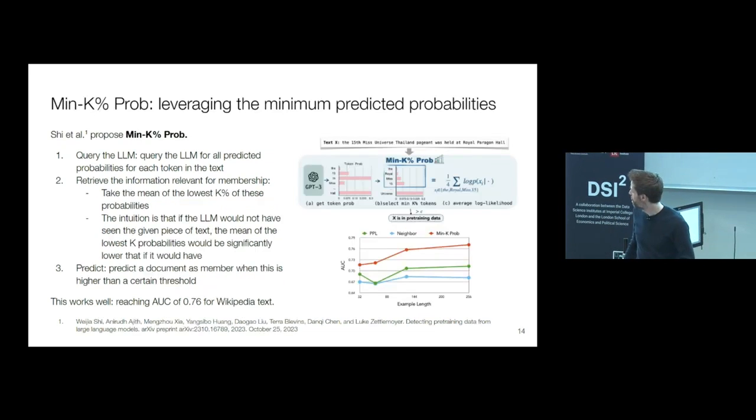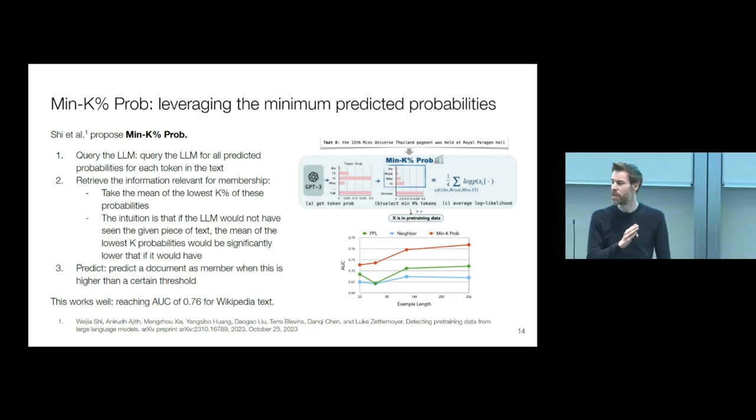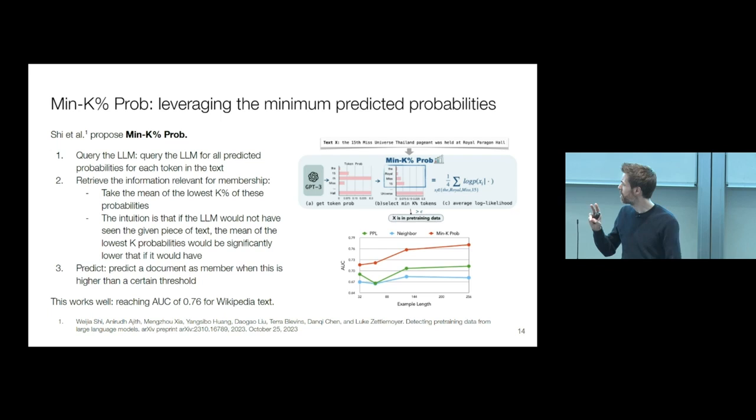The other method was released, I think, a week after we posted our paper, so really concurrent work. They propose a very similar method, but do two things differently. First, they focus on the lowest of the probabilities, which basically means they focus on when the model is incorrect.